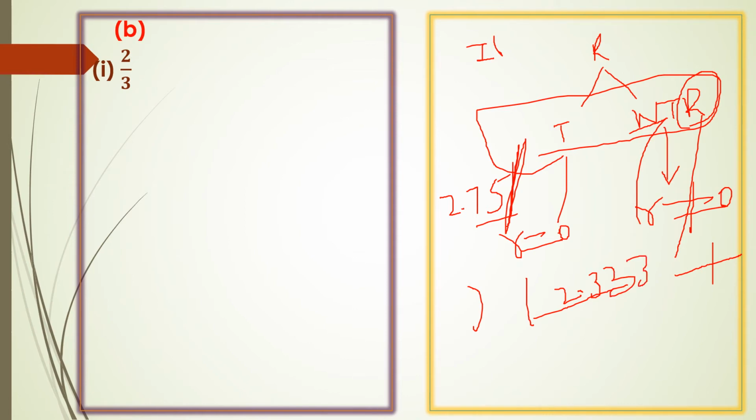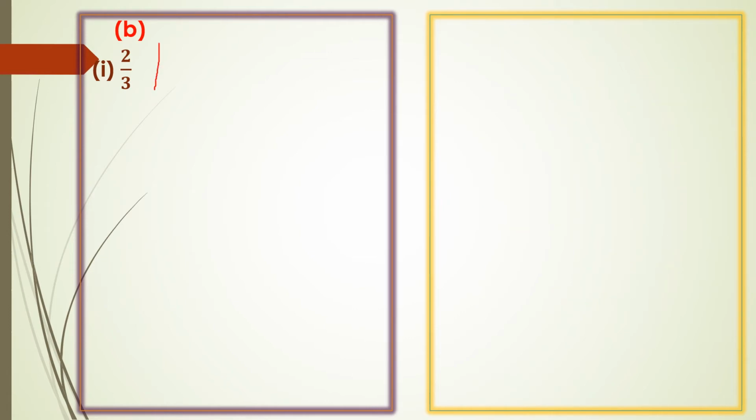If the same digit repeats, then it is non-terminating repeating. Non-terminating means it is not giving remainder 0, and repeating means in the quotient you have the same digit repeating. For a clearer explanation, you can follow the link given in the description. So here the question is 2 by 3.